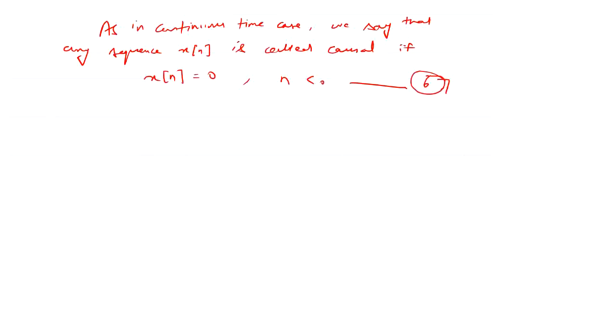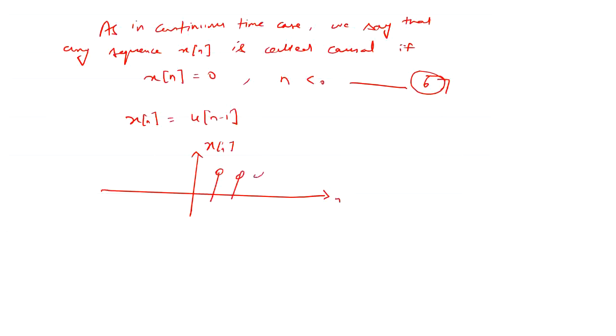Let us take an example of a causal signal. If you have x[n] equals u[n minus 1] and plot x[n] with respect to n, we get this type of graph, 1, 2, 3, 4 up to infinity.